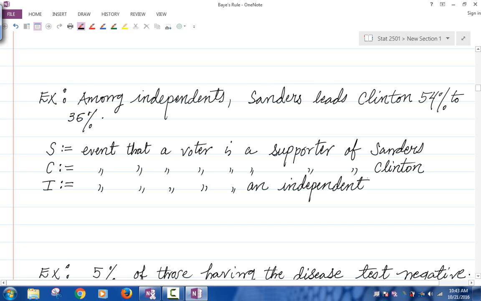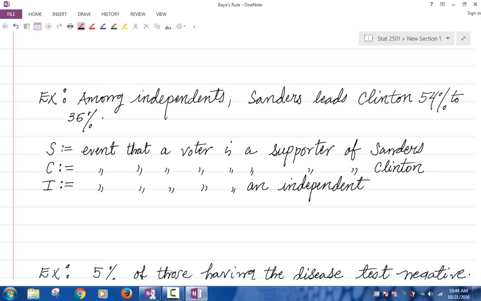Now, what probabilities are given in this statement that among independents, Sanders leads Clinton 54% to 36%? What probabilities are indicated here? The probability of what events?